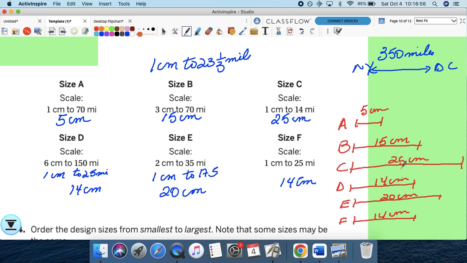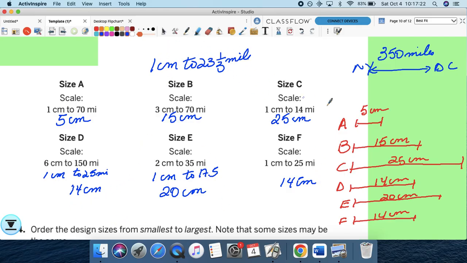So for the distance between New York and DC, you can tell now that depending on the scale you use, it's represented by smaller or larger distances in your notebook. Some of them will measure 5, some will measure 15, some measure 25, etc. So order the designs from smallest to largest.